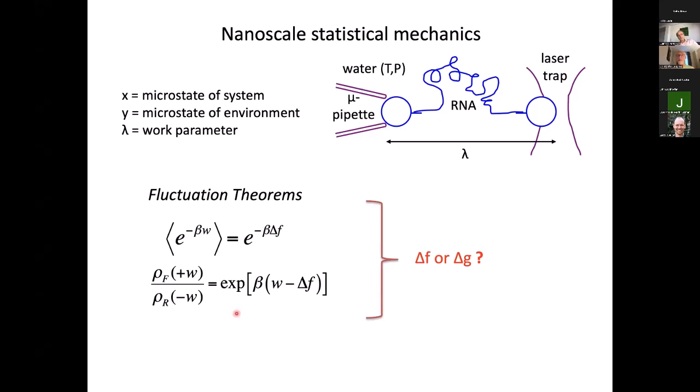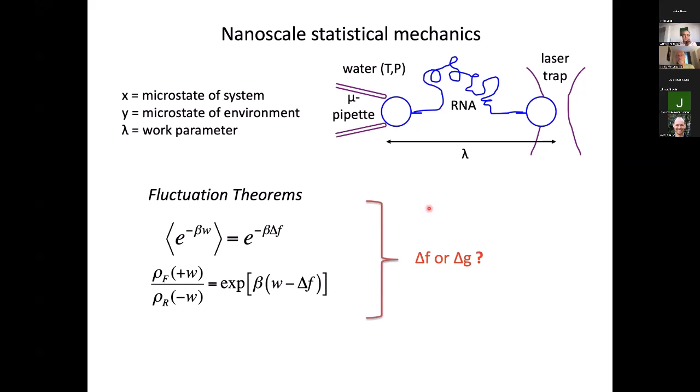But now, if you go back and you read the literature on fluctuation theorems, you'll see that in some of the papers, delta F appears on the right side of the equation. And I would say that's probably in the majority of the papers, but in a substantial fraction of the papers, it's delta G rather than delta F. Roughly speaking, the papers that are more on the physicsy side tend to have delta F, whereas the papers that involve, let's say, stretching of single molecules or discussions of such processes almost always have delta G on the right side of the equation.